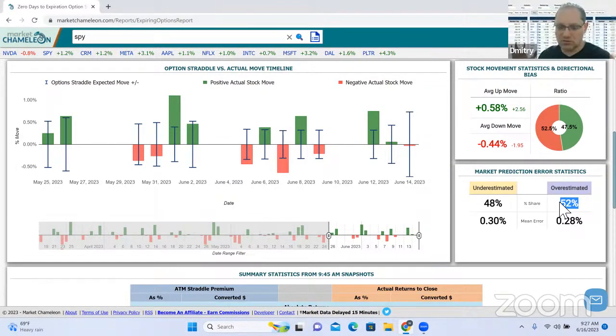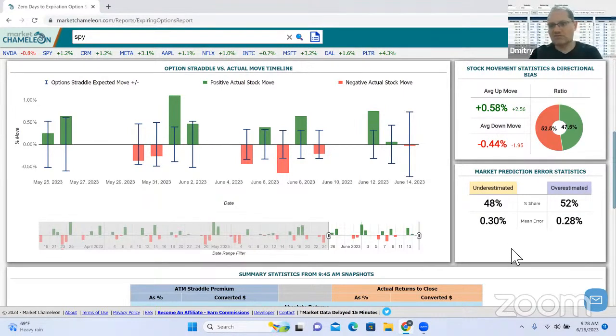What about how much did it error by? How much did the implied move, or the market, error by? The market made a prediction, then there was an outcome. What was the average error? That's what we want to know. Well, when it underestimated it, the average error was 0.3%.